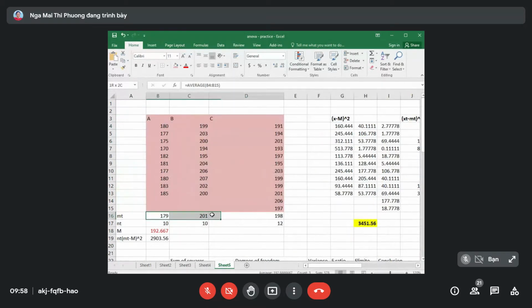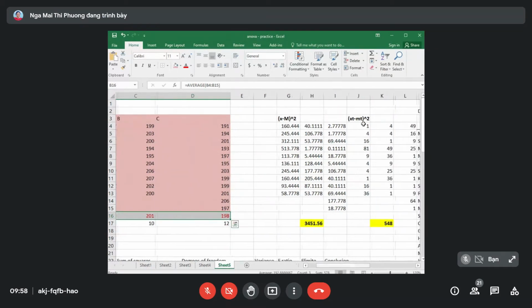You have 3 MT values. Okay. And then you square it. You do 32 values. So you have the sum of square variance of error. And you do sums. So it's 548.